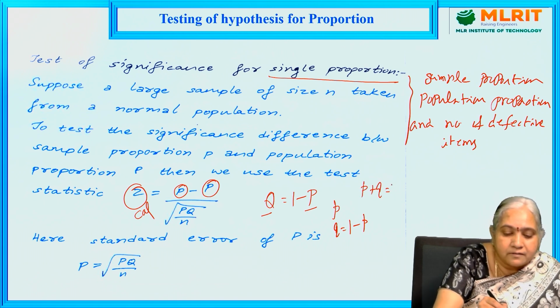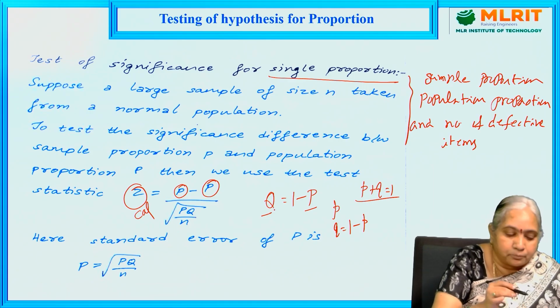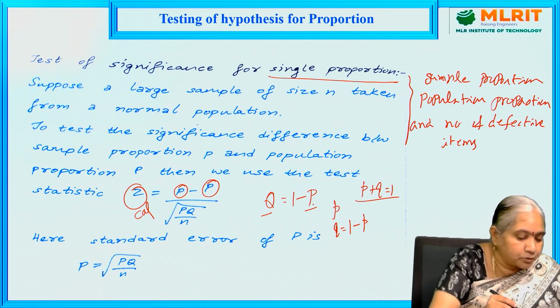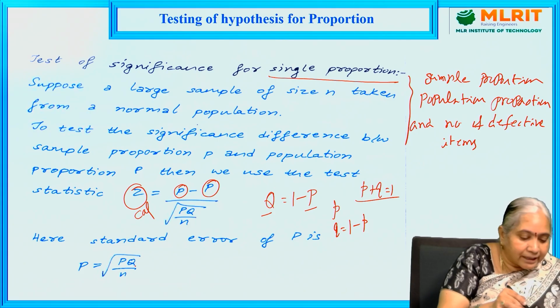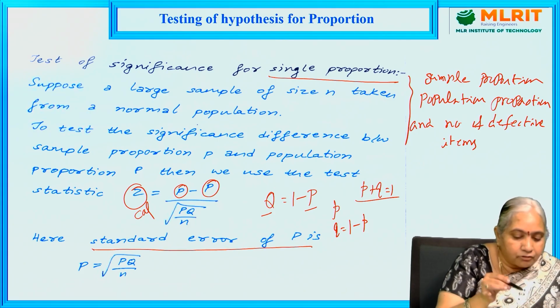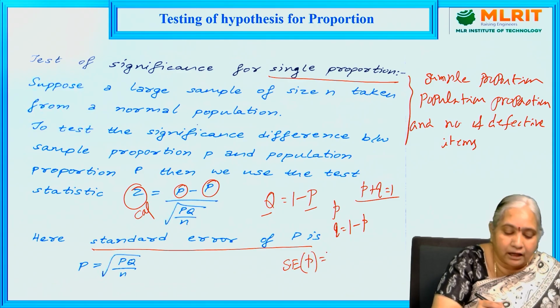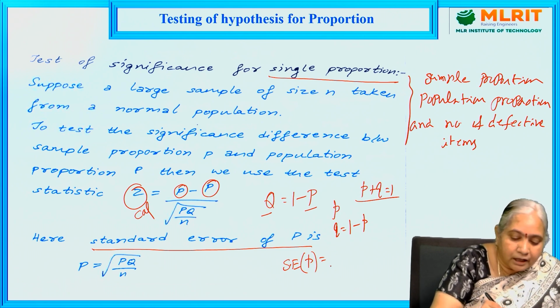So from this formula, we take small q or capital Q from sample proportion or population proportion. And the standard error of sample proportion is denoted by SE of P, which is defined as under root PQ by N.